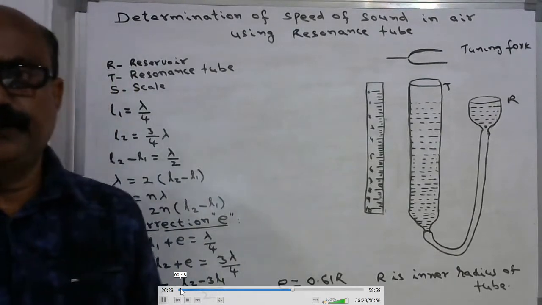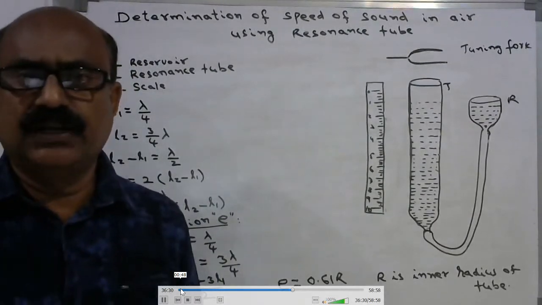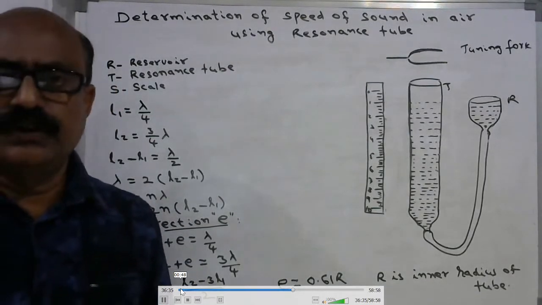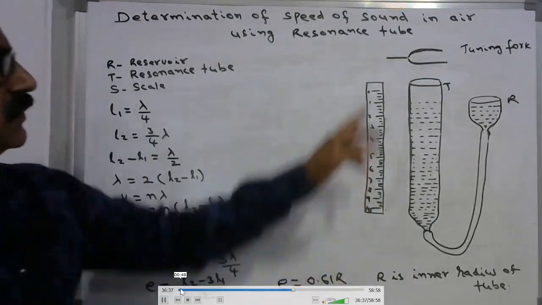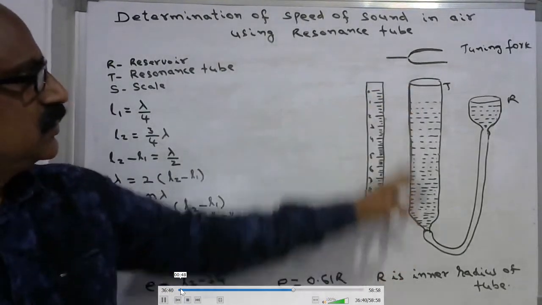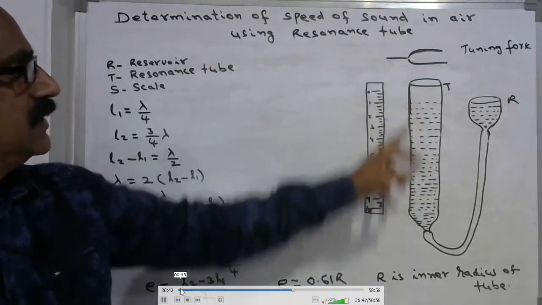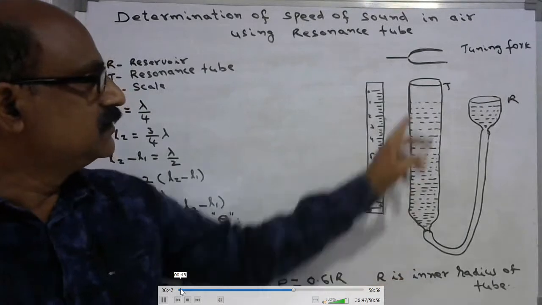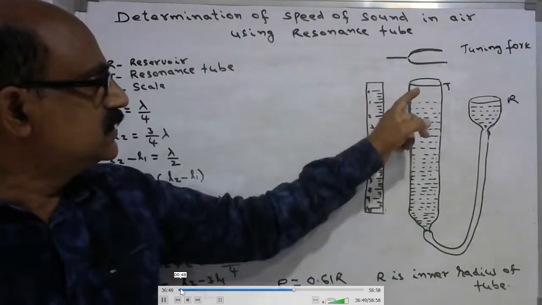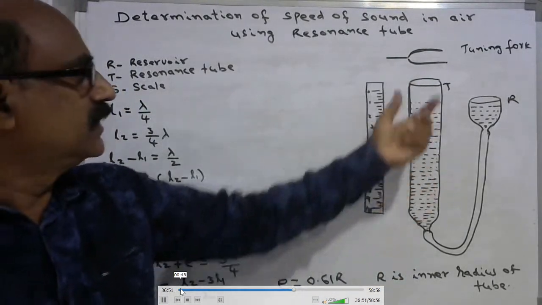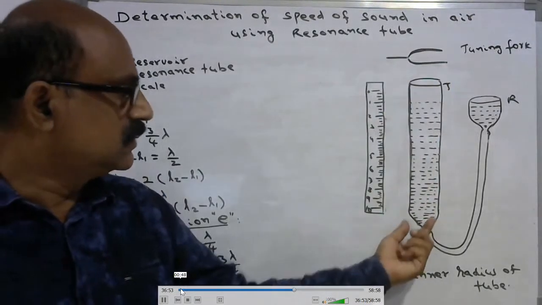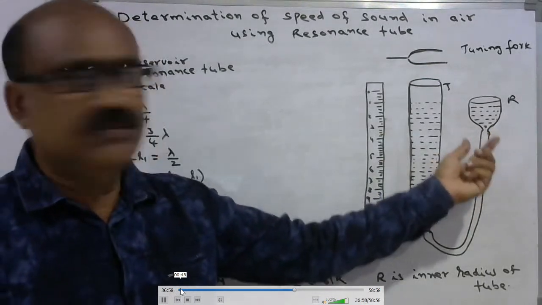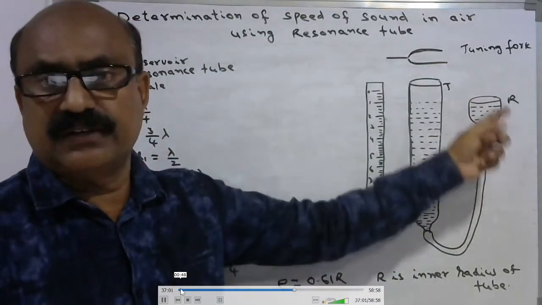Now let us find the velocity of sound in air using a resonance tube. See, we can use the resonance tube. This is what is called a resonance tube. It is a 1 meter long transparent pipe, which is to be filled with water, open on one side and closed on the other side, connected to a rubber tube, and the other end of the rubber tube is connected to a reservoir.